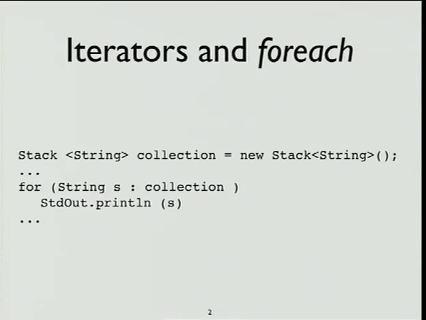What we want to do is print out all the elements in the stack, and the stack implements the so-called iterable interface. In other words, we can iterate over a stack. What do I mean by that? We can go element by element through all the elements in this particular stack, and then we can print them out or do whatever you want to do with them.